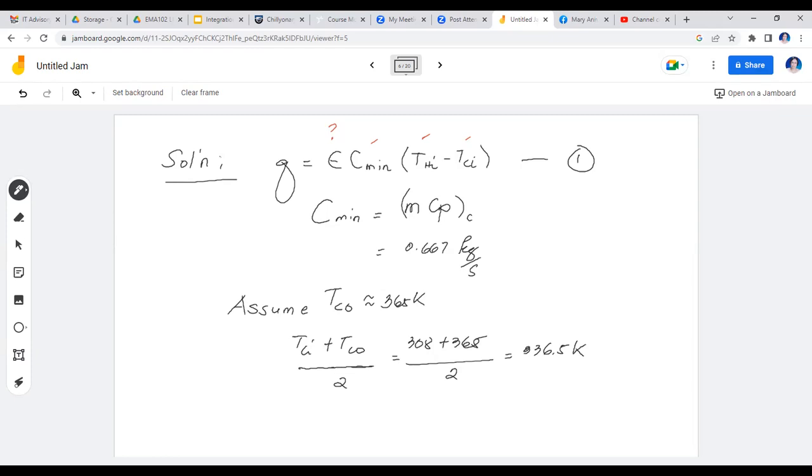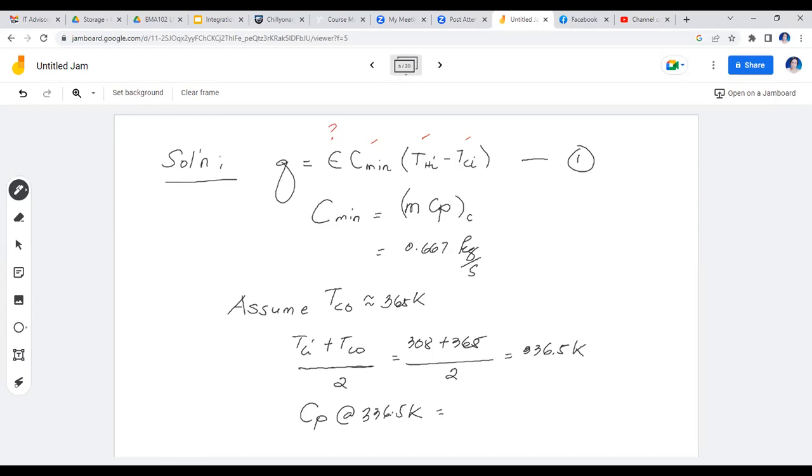At this particular temperature, the average of the inlet and outlet temperature of water, you get the CP of water. So what's the CP of water at 336.5 Kelvin? There's a corresponding appendix in John Kuplis for that, where it could be readily read.